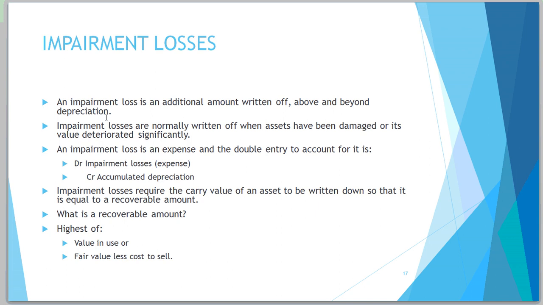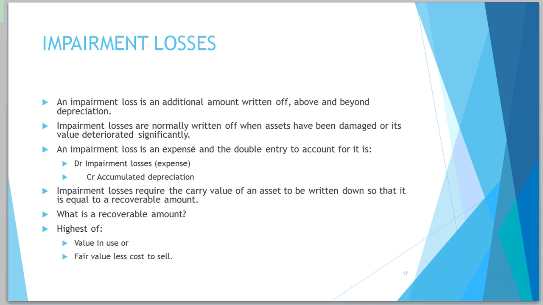So impairment losses can be when the asset was in a hailstorm or in some kind of accident, and also the value can deteriorate because of technology. So if we have equipment and there's better equipment on the market in the new year, then the equipment we have will be worth less. So we need to write off an impairment.